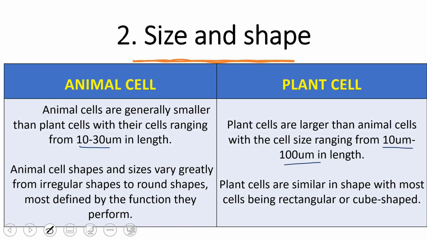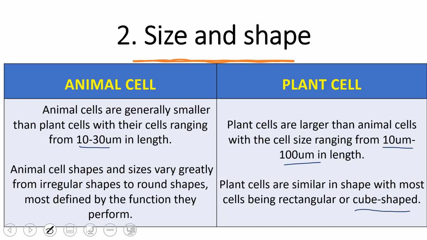For example, neurons have a star-shaped structure and have axons. Skeletal muscle cells have a spindle-shaped structure. RBCs are round spherical structures. So different cells have different structures in the case of animal cells. Whereas in plants, cells are similar in shape, with most cells being rectangular or cubical structures.